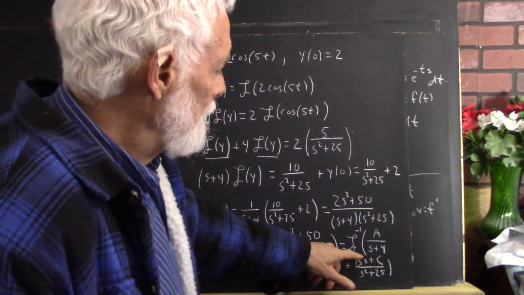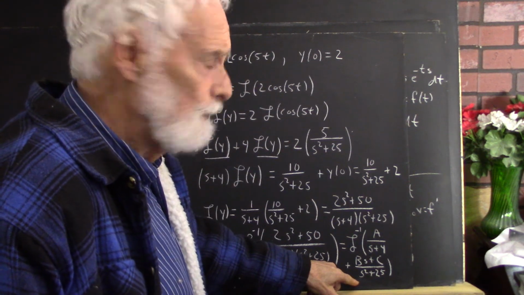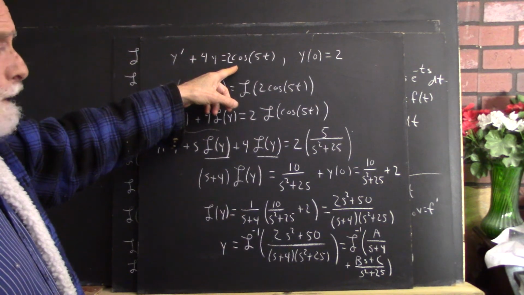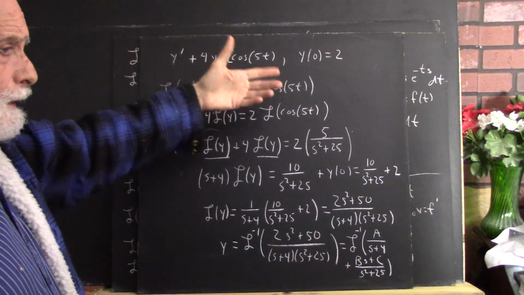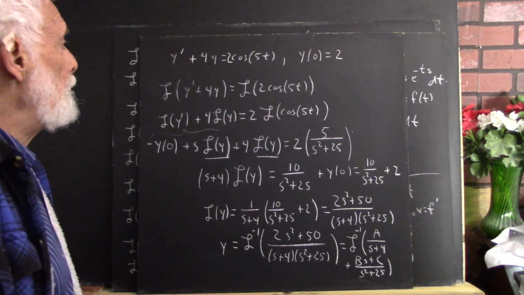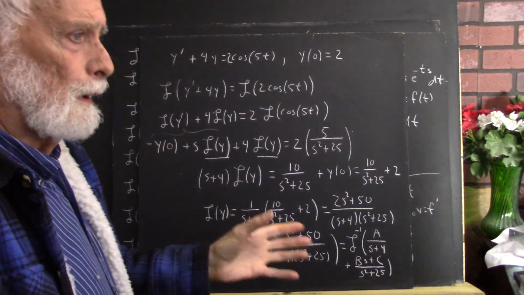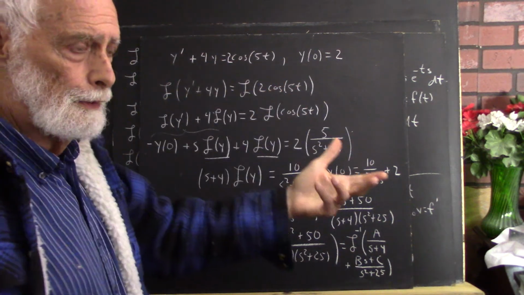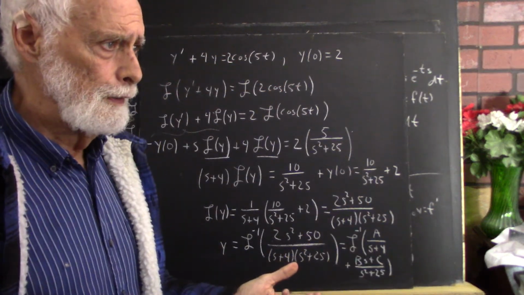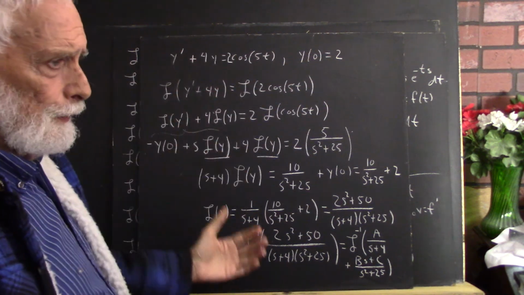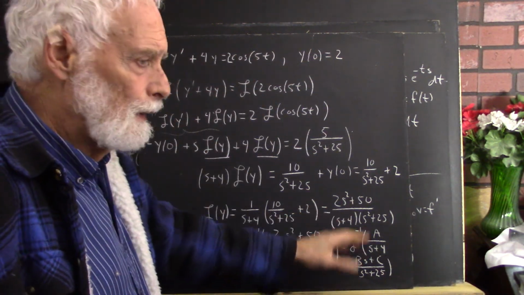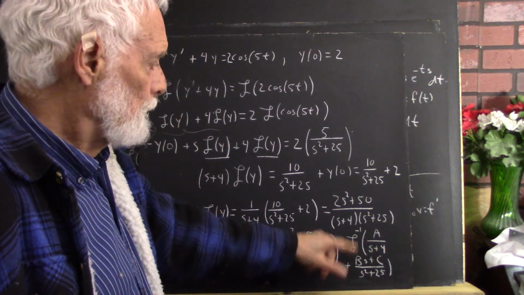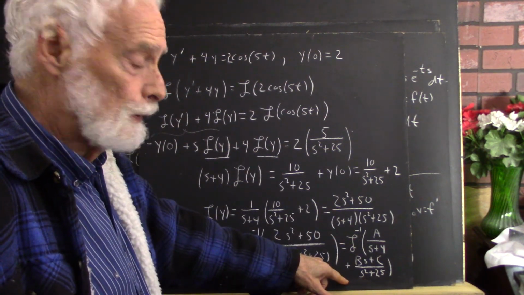And then you're going to get a sine and a cosine of 5t, which is exactly what you expect from this form, just thinking of undetermined coefficients. There's no point at all in doing a Laplace transform of this equation because it's much easier to solve using undetermined coefficients. But it illustrates the process and how partial fractions come into play. So we're going to go on and do the partial fractions in this.